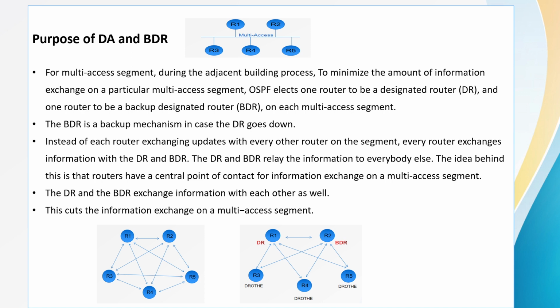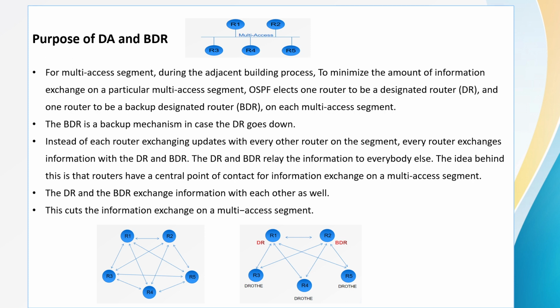For the multi-access segment, during the adjacency building process, to minimize the amount of information exchanged on a multi-access subnet, OSPF elects one router to be the designated router and one router to be the backup designated router on each multi-access segment. The BDR is a backup mechanism in case the DR goes down.